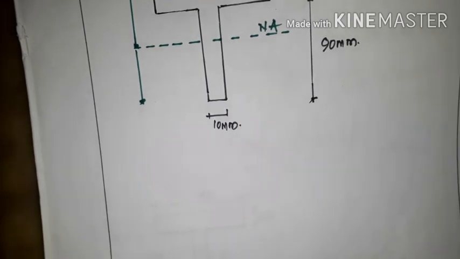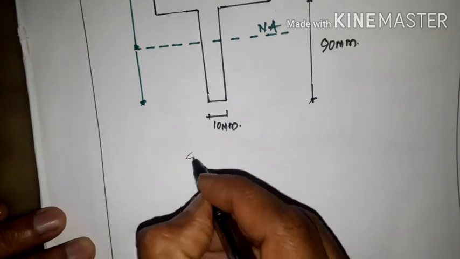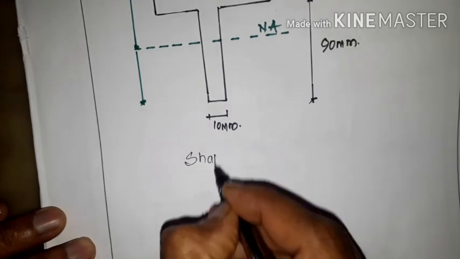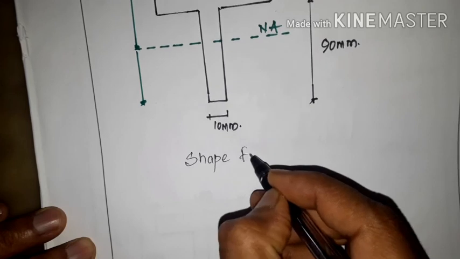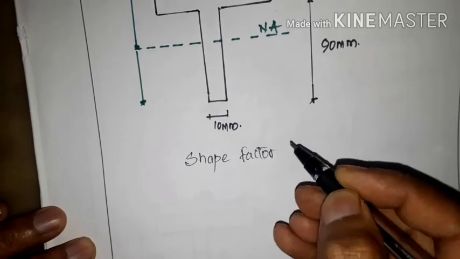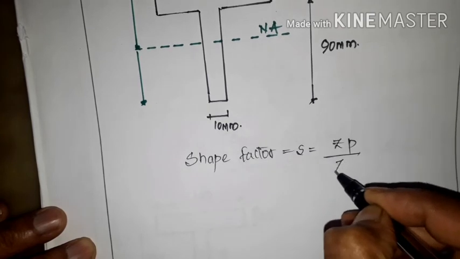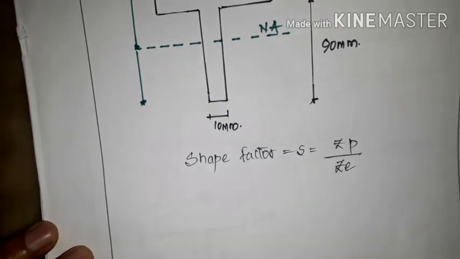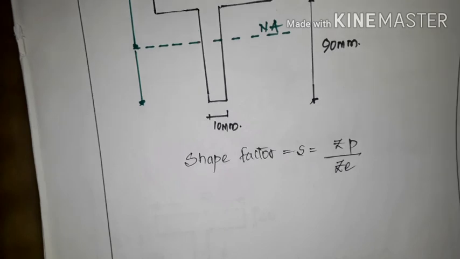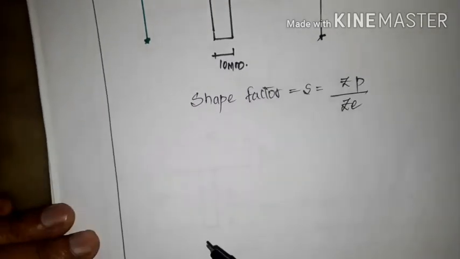Okay, understood. Then first of all, the shape factor S is equal to Zp by Ze. Shape factor S is equal to Zp by Ze. Okay.